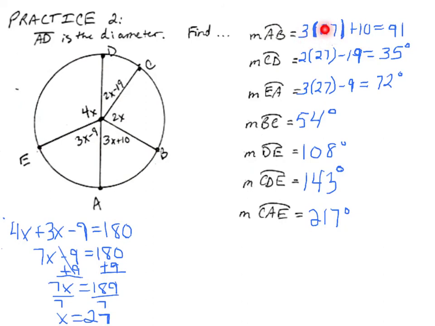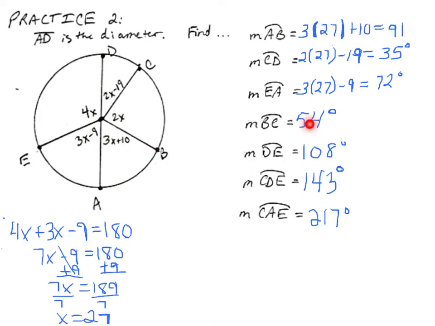I put the 27 in for the x, and I got 91 degrees. Same thing with CD. Arc CD, here's the angle. 2 times 27 minus 19, you can read it right here, equals 35. Arc EA, here's the angle, 3x minus 9. I took my 27, put it where the x was, put it in a calculator, 72 degrees.